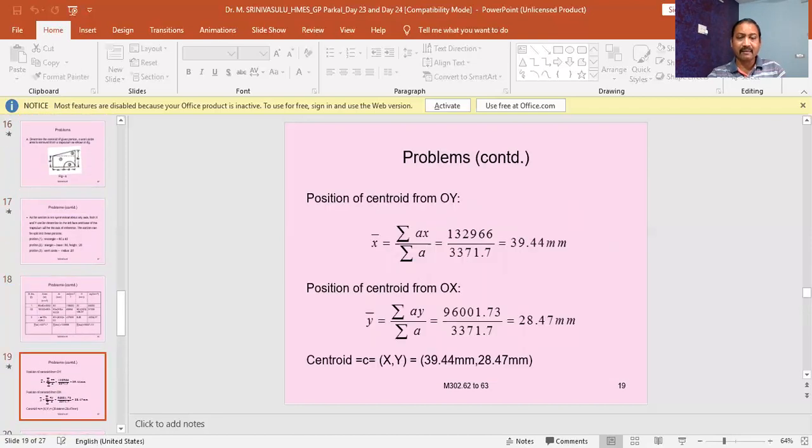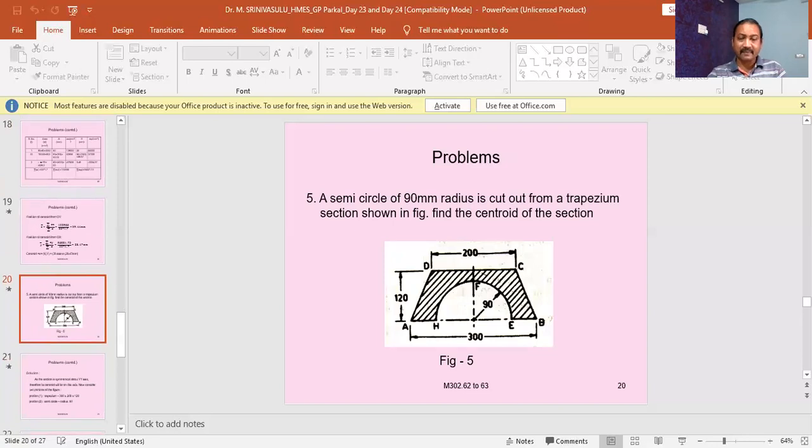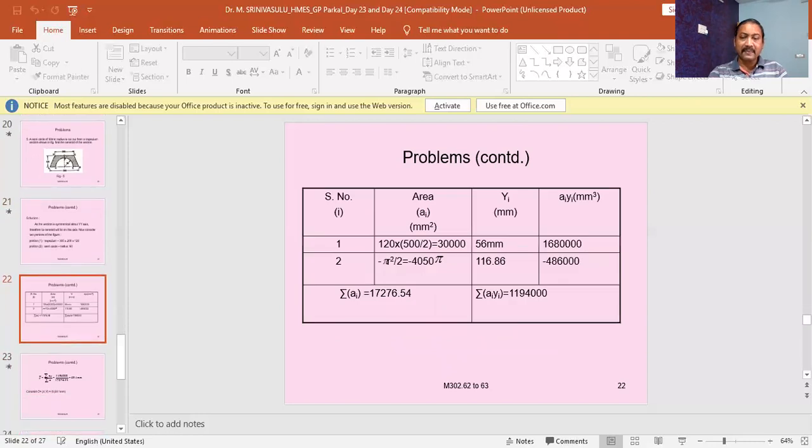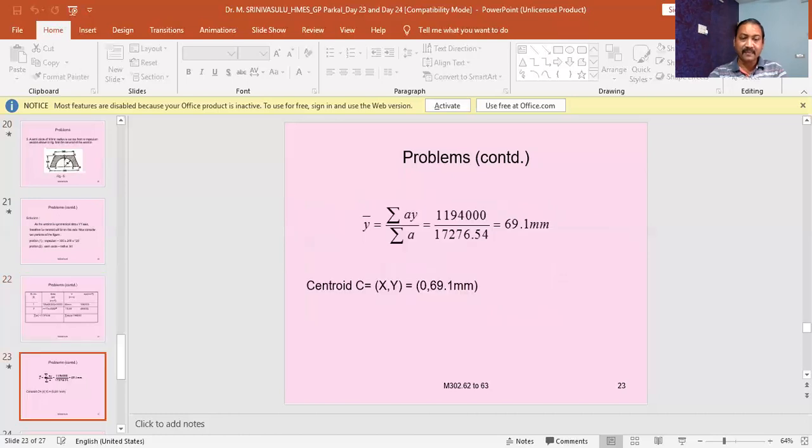With that formula we'll get y1 equal to 56 millimeters, and the term a1 into y1 is becoming 1680000. Now coming to the second figure.